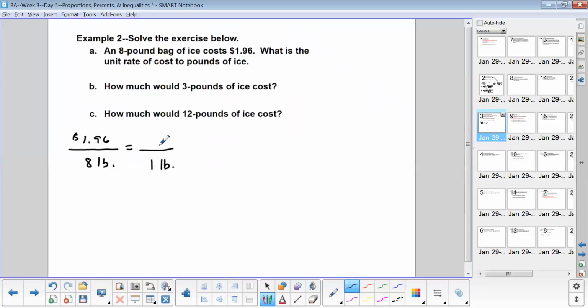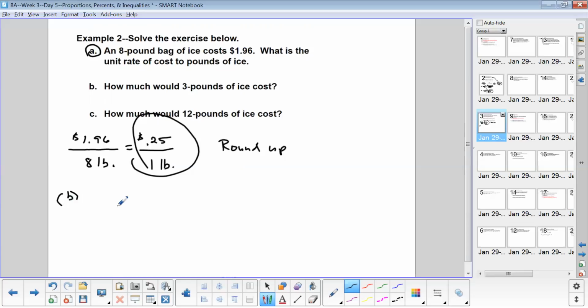And again, that's $1.96 divided by 8, and you get approximately 25 cents a pound. You get about 245 thousandths, but we're looking at money, and we can round the result up. So we would say approximately 25 cents per pound, and that would be for part A.